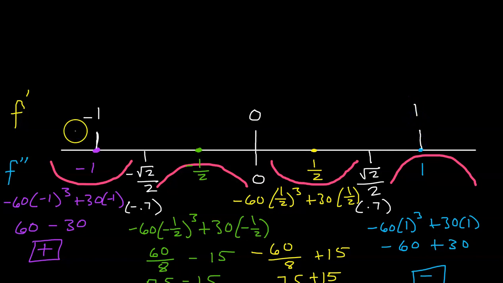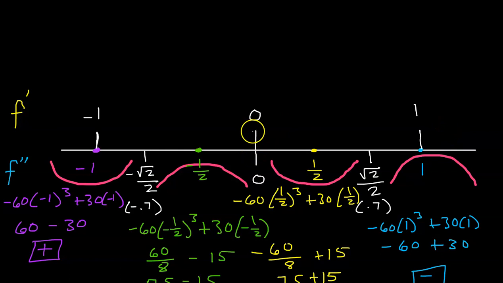So I don't need to do the first derivative test. In other words, I don't need to test each of these intervals and find out where it's negative and positive. These critical numbers tell me where the possible extrema are, the possible maxima or minima.